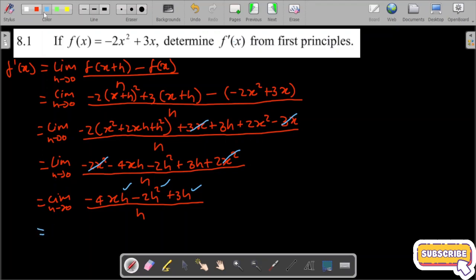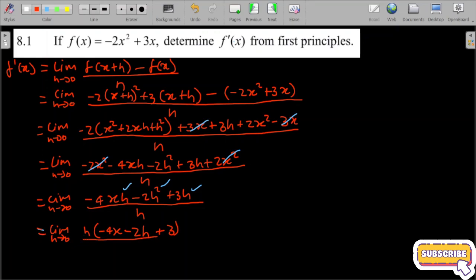So the common factor there, which is what? Which is h. So the limit as h approaches 0, it's h times, if I've already taken h, I'm left with this. So it's negative 4x. I've already taken one h from these 2h squared, so I'm going to be left with negative 2h, and then plus, I've already taken h, so I'm left with what? With 3.